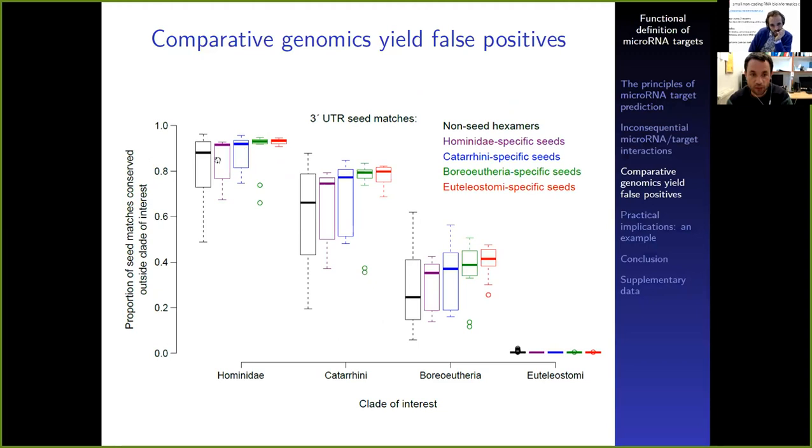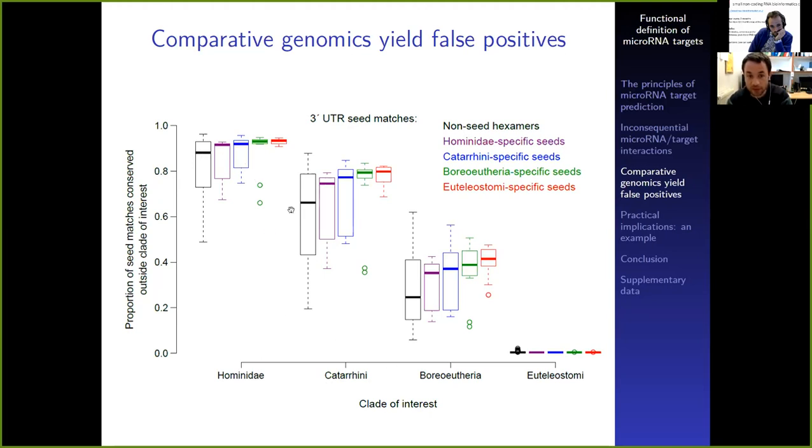And what we saw is that regardless of the conservation of the microRNA family itself, we observe the same decrease when we look at overconservation in outer clades. For example, when you look at Catarrhini-specific microRNA families, we already see a decrease in the rate of overconserved seed matches from hominidae to Catarrhini, even though these microRNAs are present in all these clades.